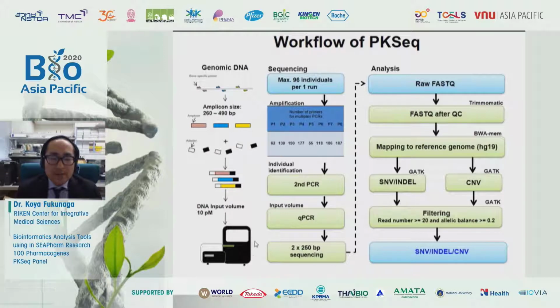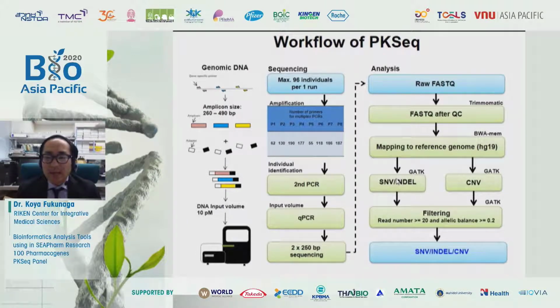We selected the MiSeq reagent kit of 500 cycles, so the read length is 2 by 250 base pairs. After we obtain the FASTQ files, we analyze them using a workflow based on the GATK best practice.